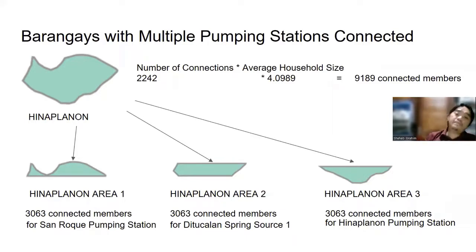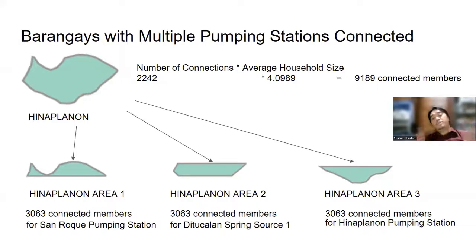Now, Hinaplanon has 2,242 households connected to ICWS. The average household size based on the census for Hinaplanon is 4.0989. So we were able to determine the number of connected members in that barangay, which in this case is 9,189 connected members.